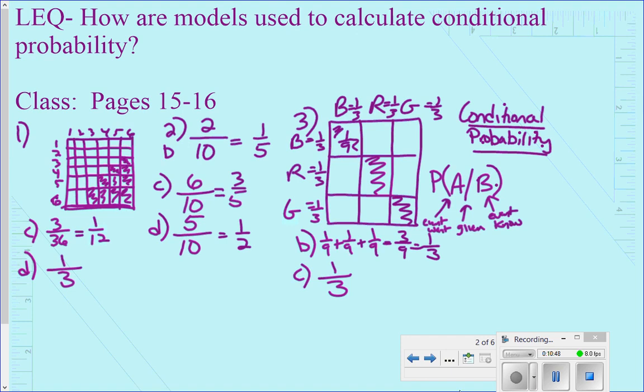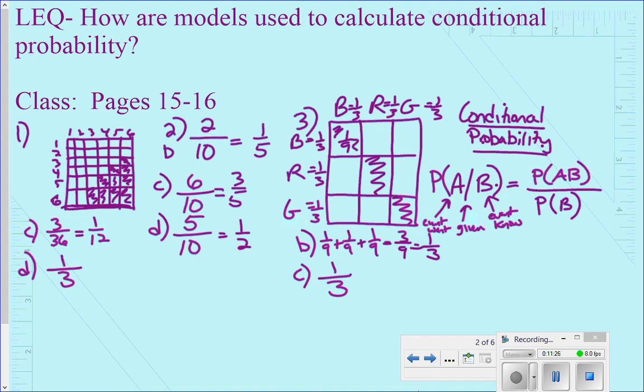So the formula says to figure out the probability of some event given some event you know, you want to put the probability of the event you know, which is B, in the denominator. And in the numerator, you want the intersection of both events. So that'll usually be one spot on your diagram. You just go to that spot where the two events intersect and then copy that probability as the numerator. Again, the denominator is the probability of the event that's given or that you know.